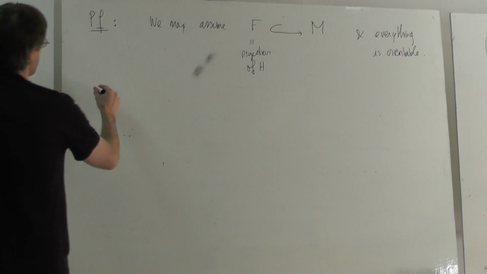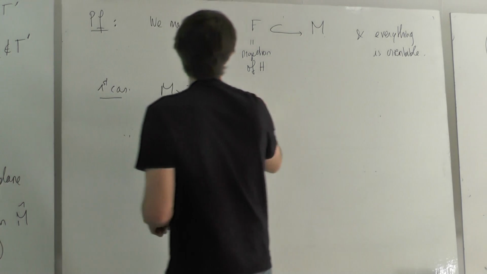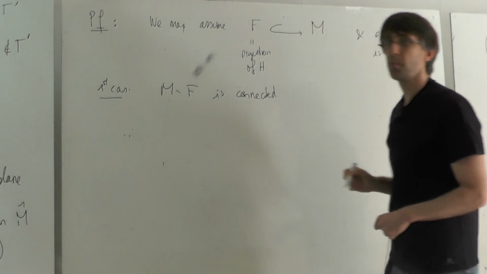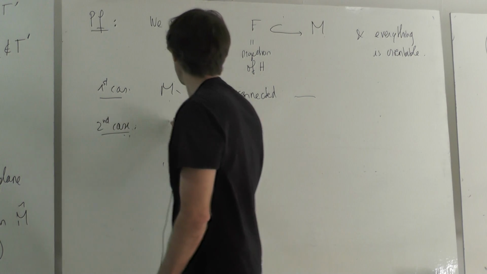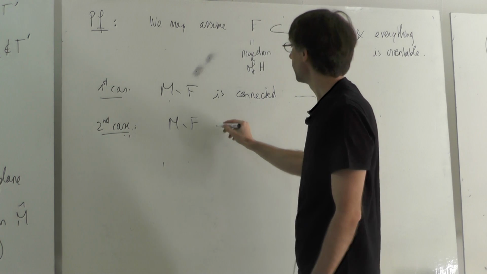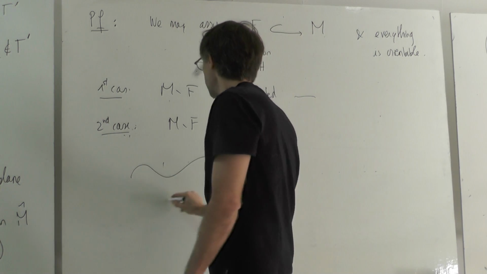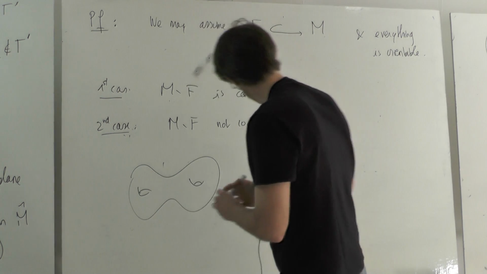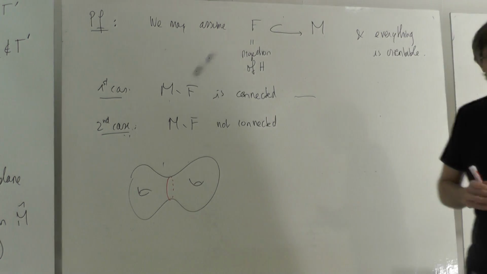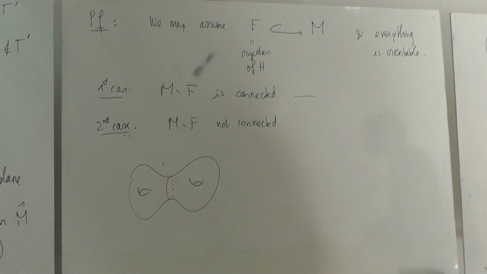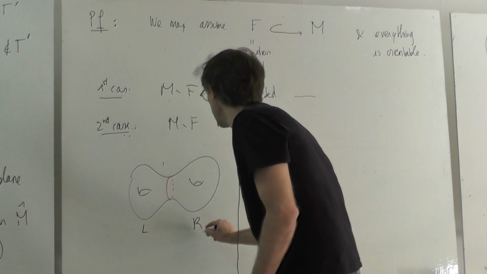Okay. So now there are two cases. One case which is very easy: M minus F is connected, and here we are happy, it's done. Now the second case, M minus F is not connected. So we are in some situation like that. Our F is separating our manifold into two pieces, and let me call them left and right.